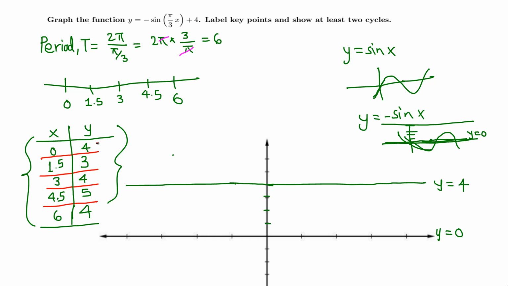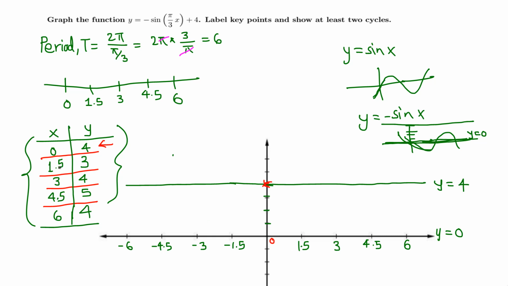So the first point is 0, 4. At 0, we got 4. That's here, the first point. Now we need to label the x-axis. This is 0, this is 1.5, 3, 4.5, and 6. On the left, negative 1.5, negative 3, negative 4.5, and negative 6. The first key point we found is 0, 4.